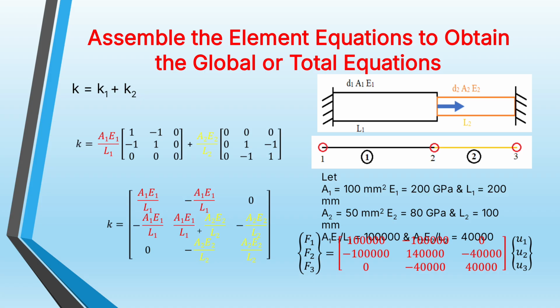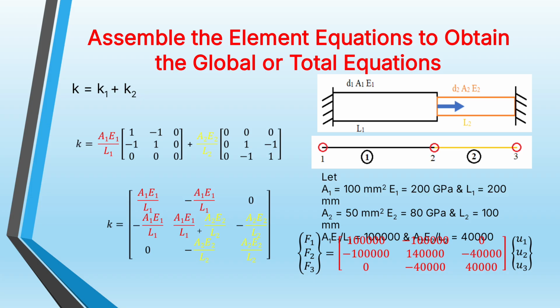Similarly, let us suppose we have an example. A1 is 100 mm square, E1 is 200 gigapascal, L1 is 200 mm. Similarly, we have A2, E2 and L2. Then we find A1 E1 upon L1, and similarly A2 E2 upon L2 is equal to 40,000.